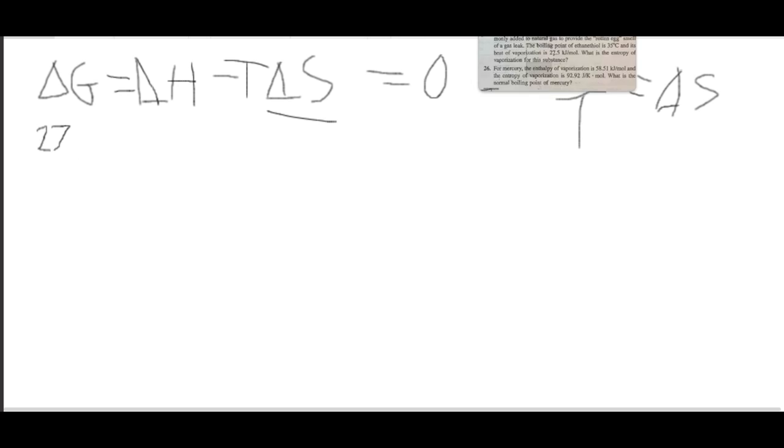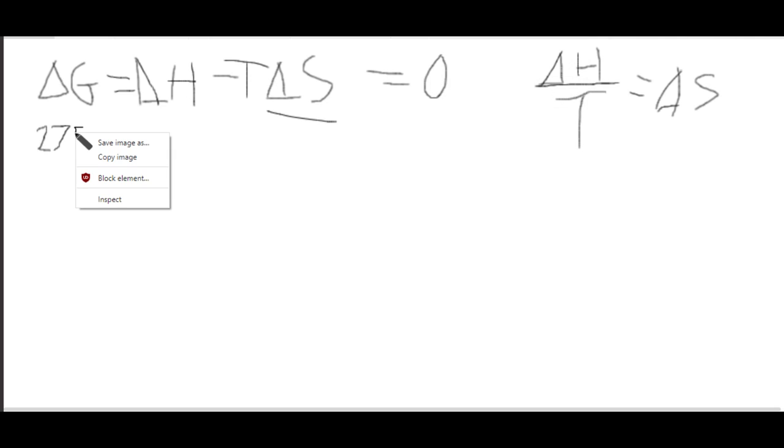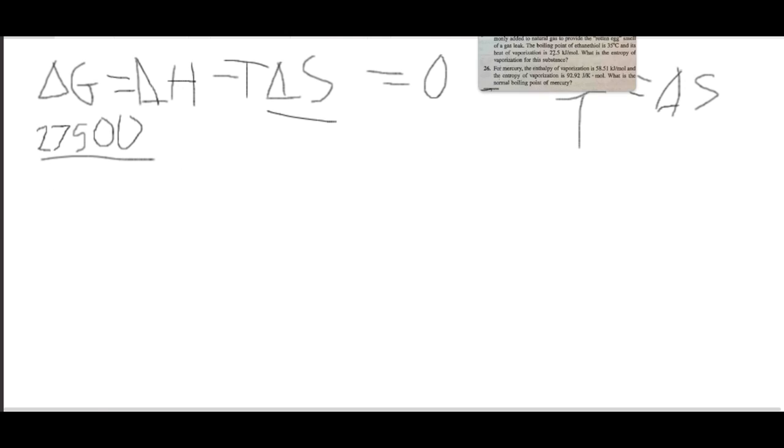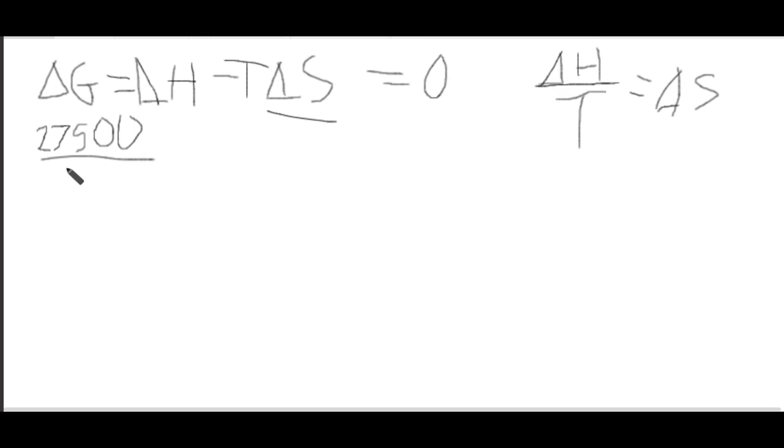So our delta H over here, which I'm writing over here, is 27.5 kilojoules, which, because delta G is in joules, I'm going to convert right now into joules. So this is 27.5 kilojoules over the temperature, and it's 35 degrees. It's 35 plus 273, which gives us 308.